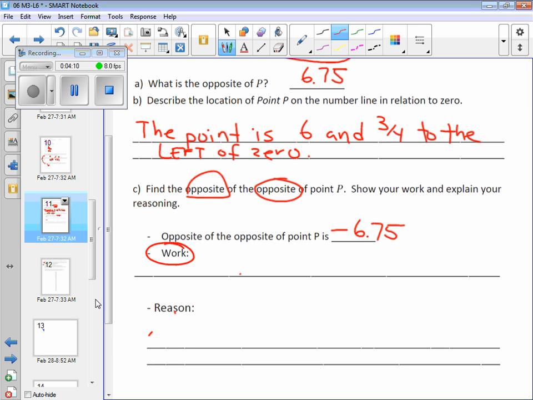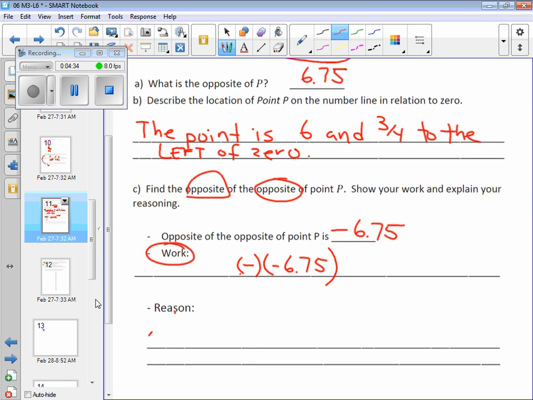This is confusing. If I had a chance to rewrite this, I would ask you to write the equation for this, which is new to you, but here's how you do it. Here's my point P, negative 6.75. I'm going to put that in parentheses. To show the opposite of a number, you could put a negative sign before it.